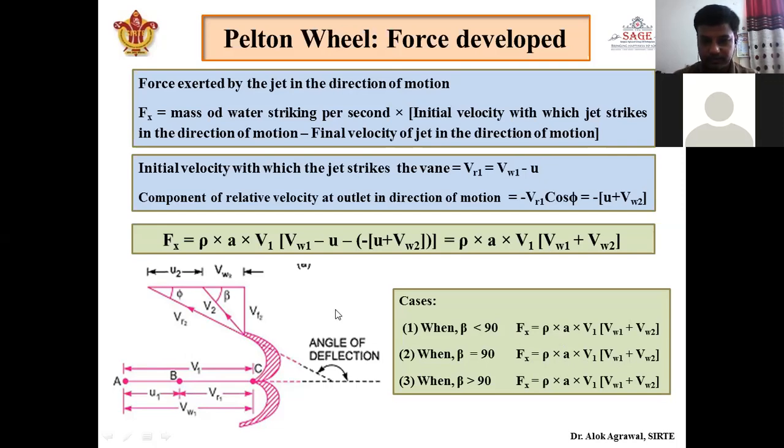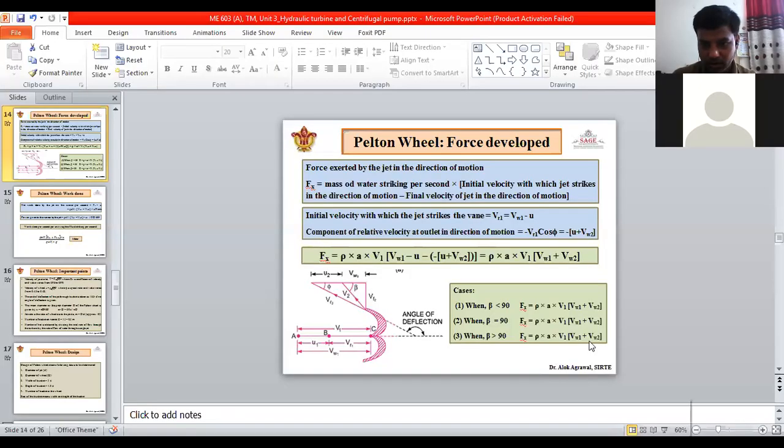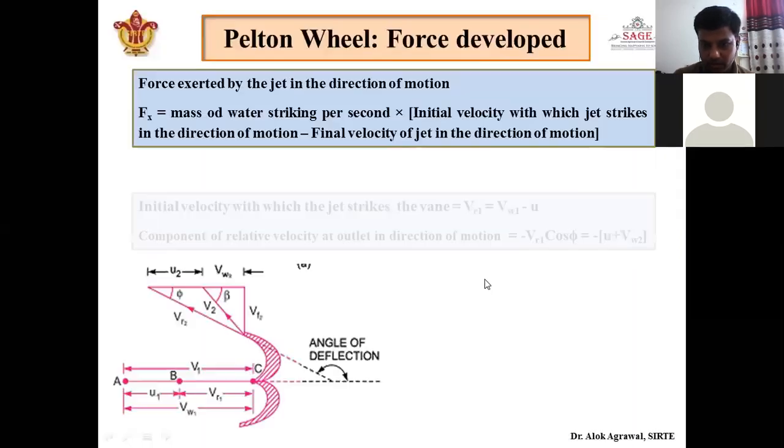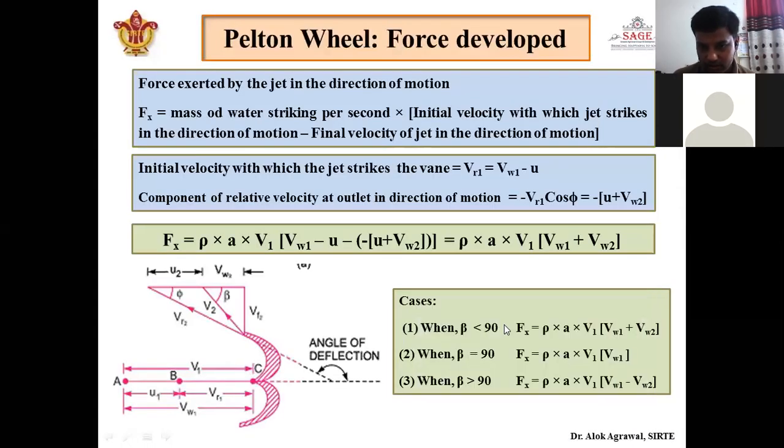And when beta becomes an obtuse angle, more than 90 degrees, then there will be a negative sign because the direction will become opposite.